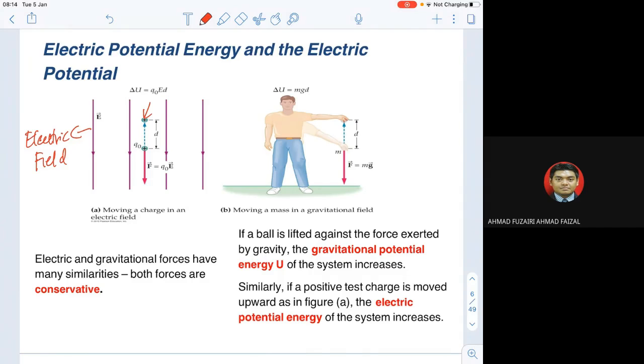But in this case, we want to bring it up, against the direction of the electric field.